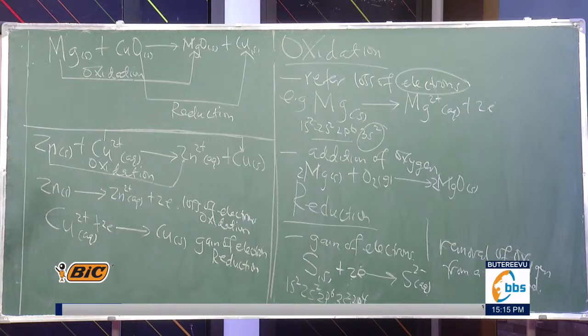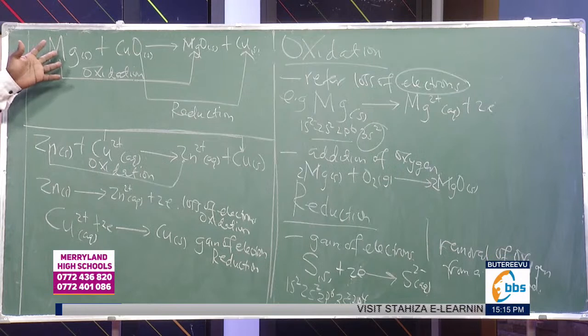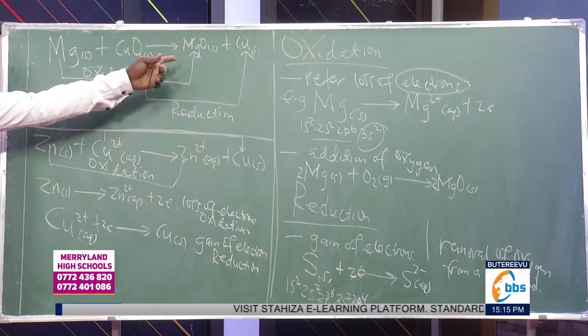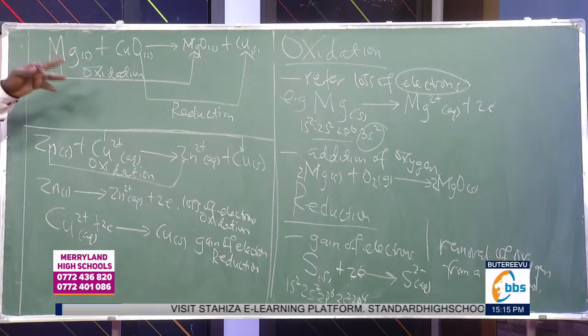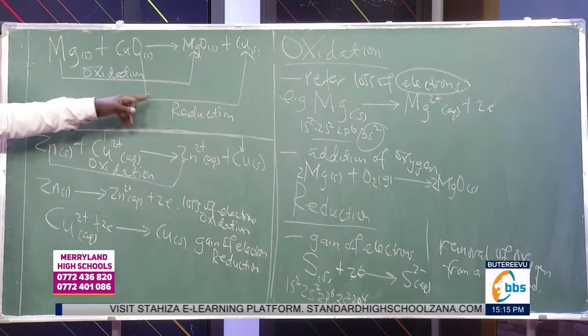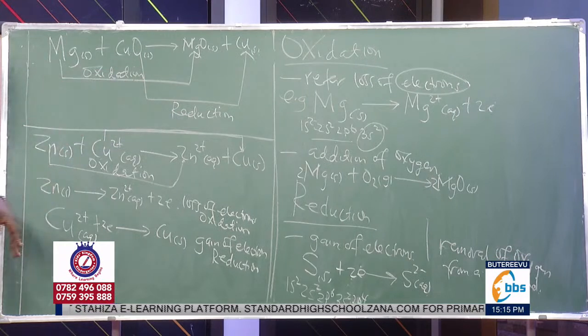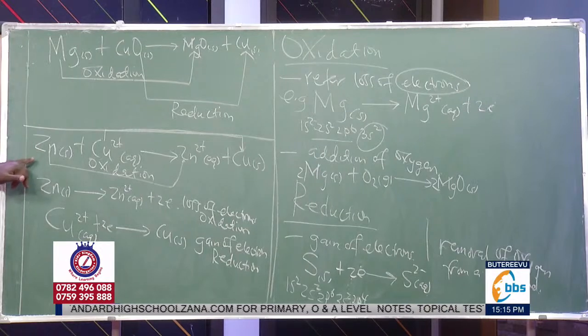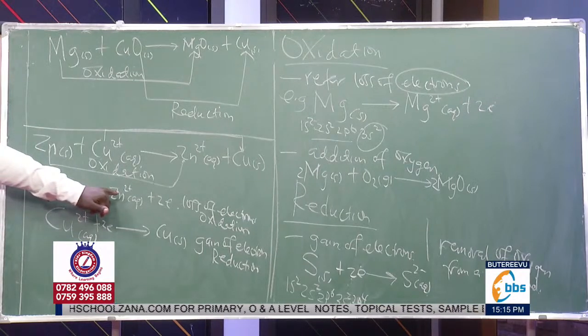I hope members you have got it clearly. We have defined very well in terms of oxygen: oxidation, addition of oxygen, magnesium oxide. Also in terms of copper oxide losing the oxygen, we call it reduction. Then in terms of ionic equations or electrons, we have seen zinc being oxidized to zinc 2 positive.